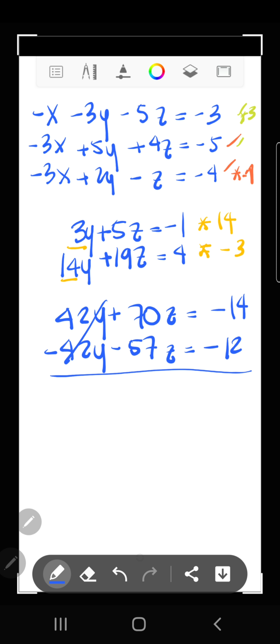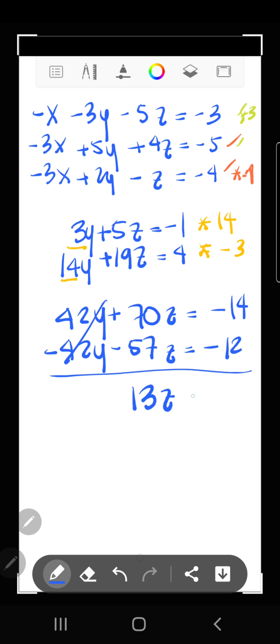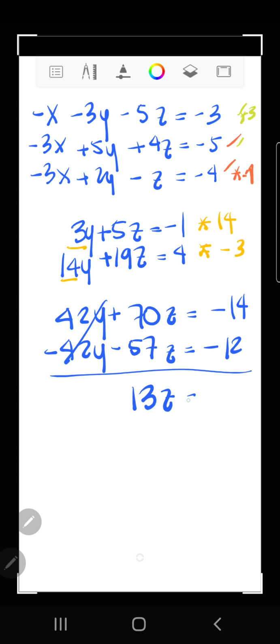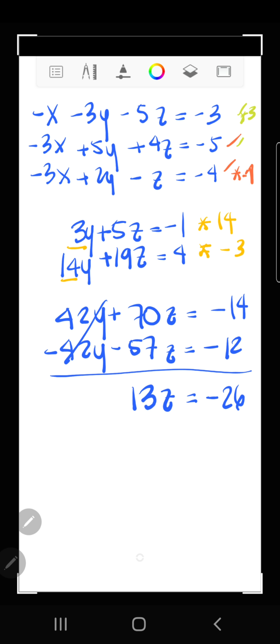Eliminate y, and now you have 70z minus 57z is 13z positive, equals negative 14 minus 12 is negative 26. So z will be negative 26 over 13, which means that z is negative 2.